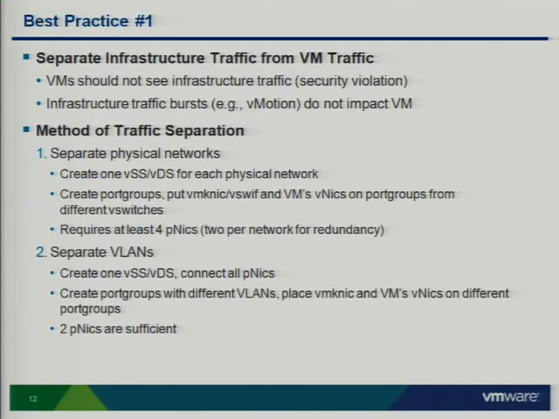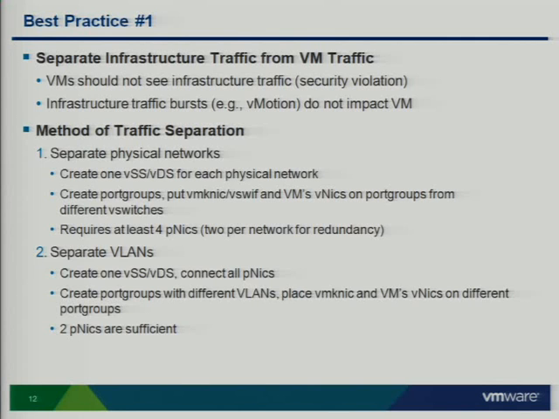So first, you want to separate the infrastructure traffic from VM traffic. Now, there are 2 main reasons that you want to do that. One is that you don't want to accidentally leak infrastructure traffic to the VMs, right?